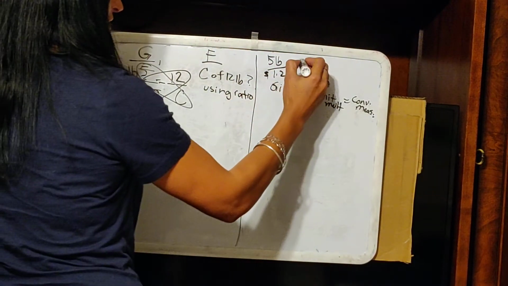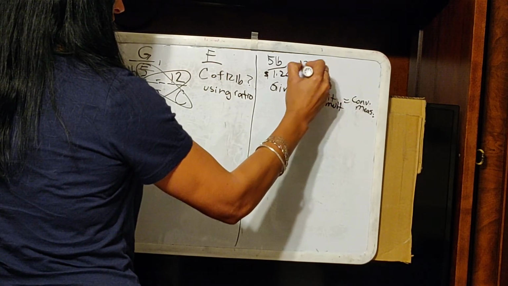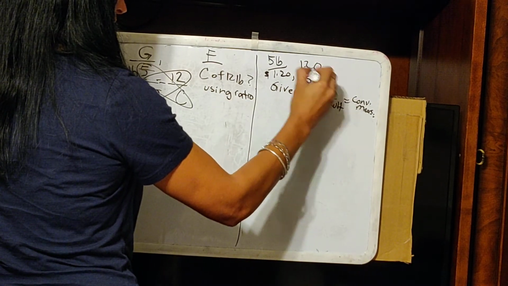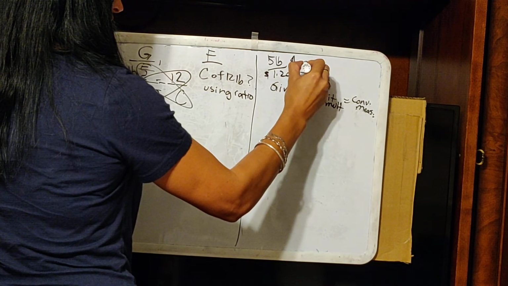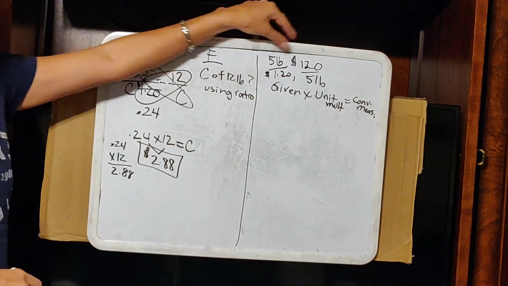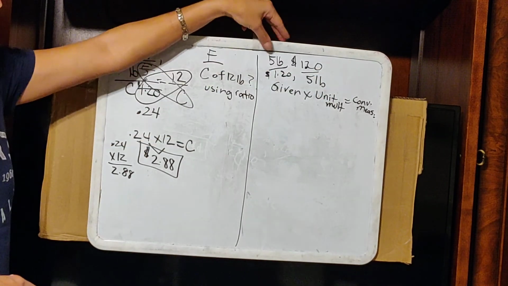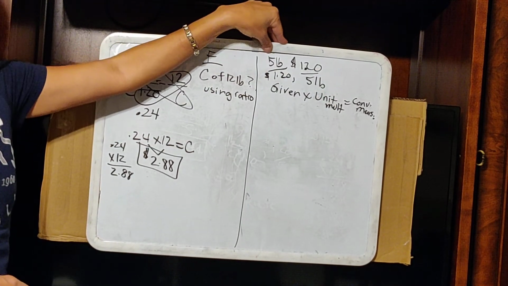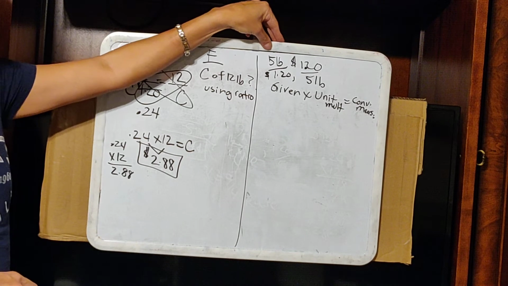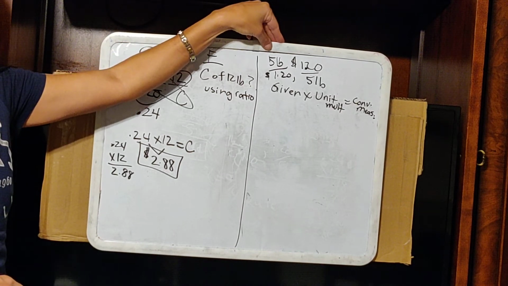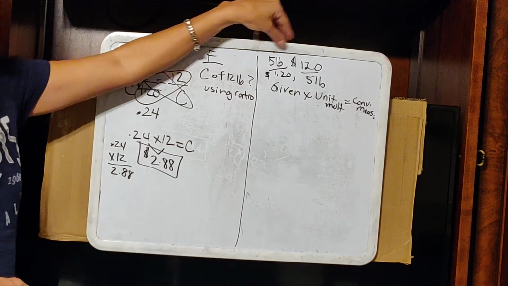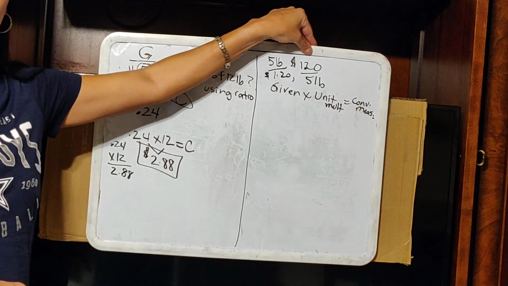So you're going to take $1.20 over 5 pounds. Keep in mind that the reason we write 2 rates or unit multipliers is because the numerator indicates what we're going to solve for. So for the left side, this rate allows me to solve for pounds, while this one allows me to solve for dollars.